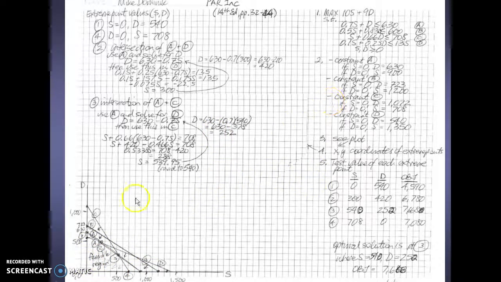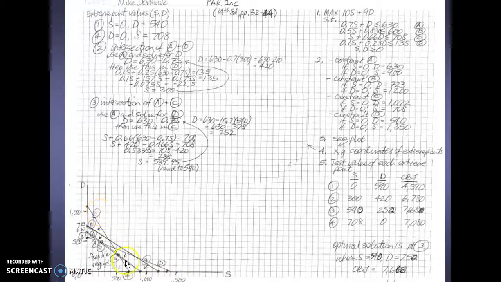That's clear. And what is the value of D? Well, when we solved for constraint D, if S is 0, D is 540. We take that value for 0 and 540 and plug it in here for S and D at extreme point number 1. Let's look at extreme point number 4, where it crosses the x-axis.